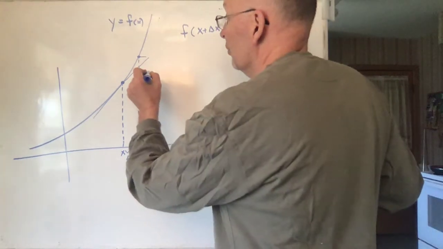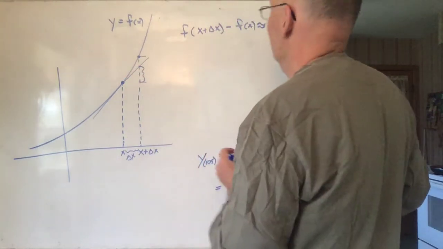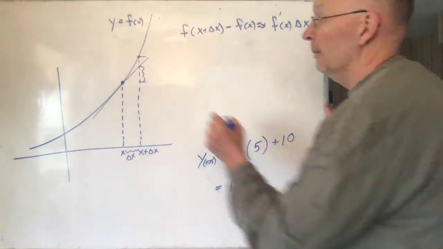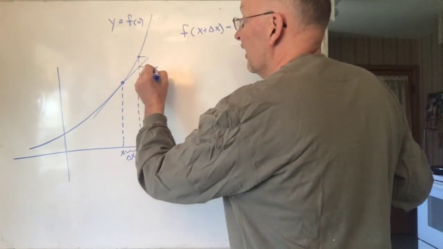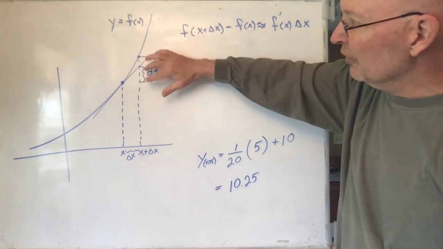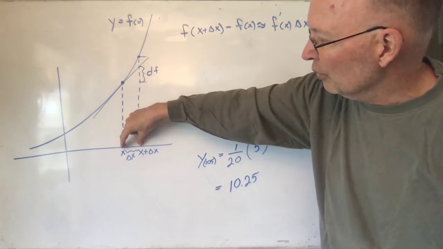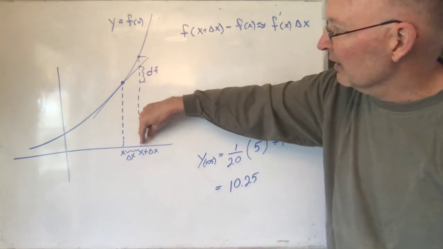So what we do is we call this difference right there d of f. That's how much the function changes, approximately, as you move from here to here.